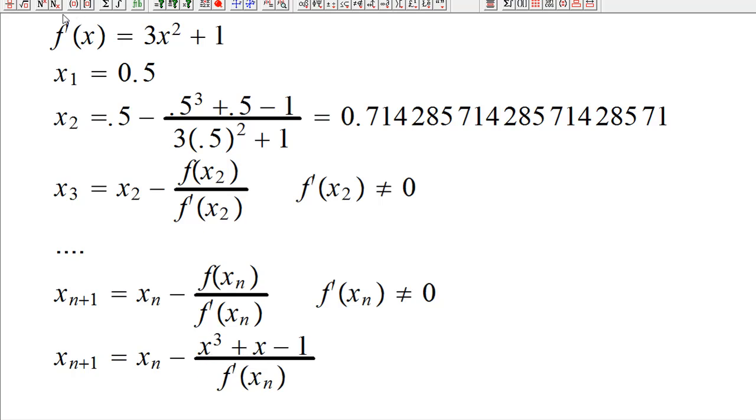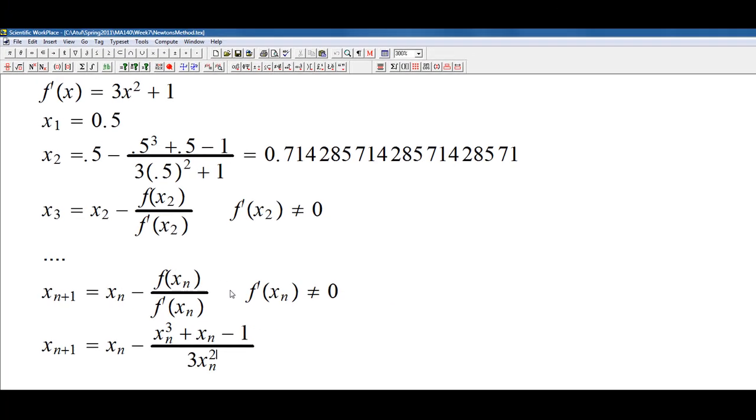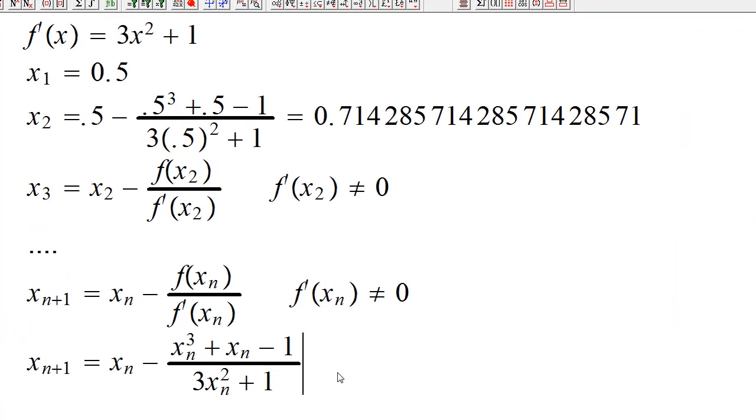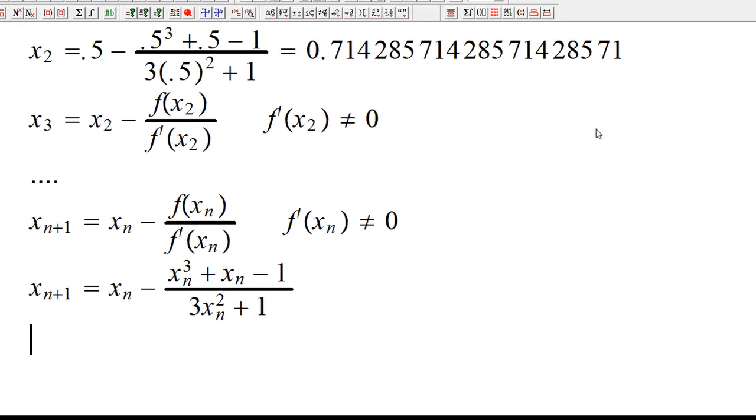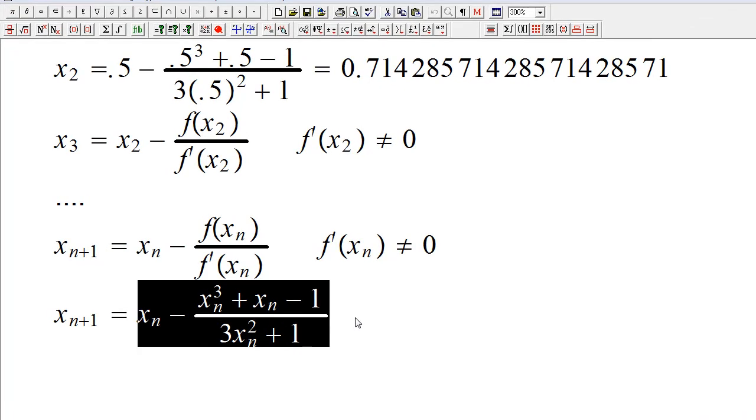And what we have in the denominator is 3 times x sub n squared plus 1.